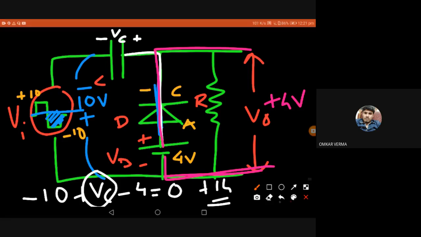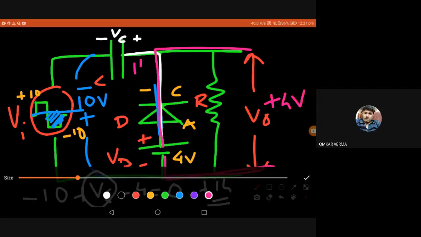Now analyze the positive cycle. When the positive cycle comes, what happens? The charge across the capacitor is already minus plus 14 volt, and what is the input? Plus minus 10 in the input also.